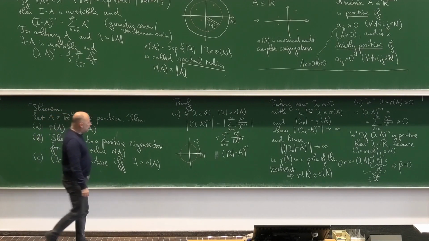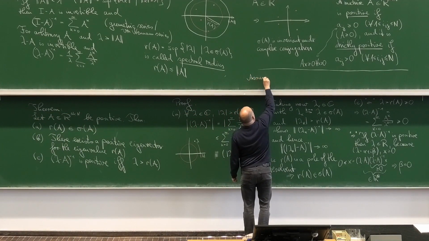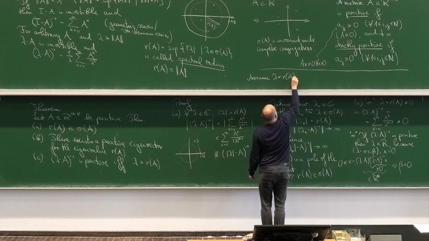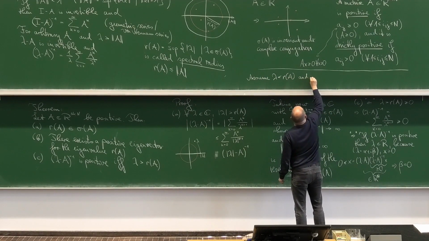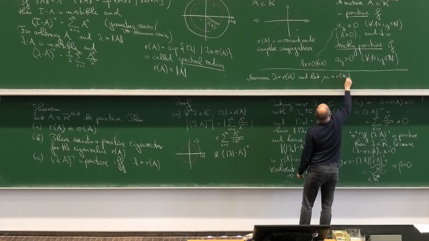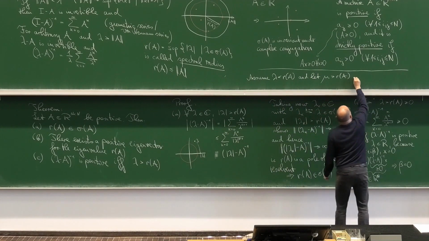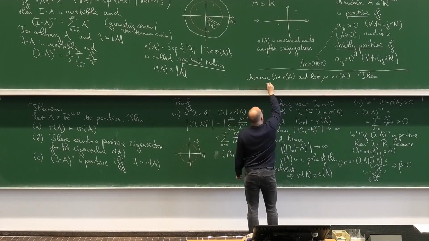And assume now, by contradiction, that lambda is smaller than the spectral radius, and let mu be larger than the spectral radius, then what we actually know is, by assumption, this here is positive.